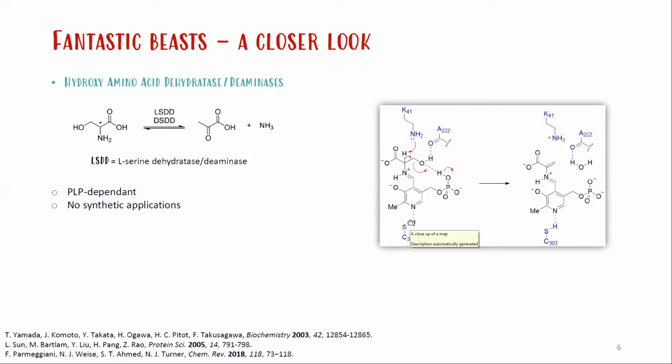And what happens is we see here, so we get first the covalent bonding of the amino acid to PLP, which then activates this alpha carbon to be deprotonated. We get elimination of water.